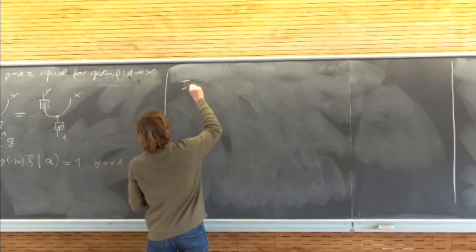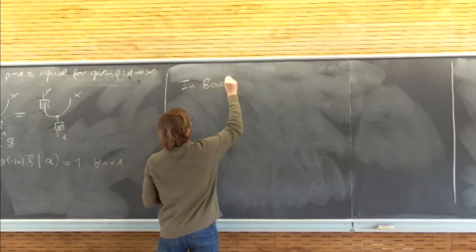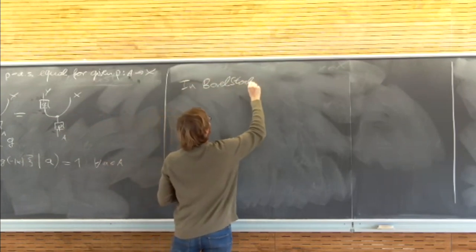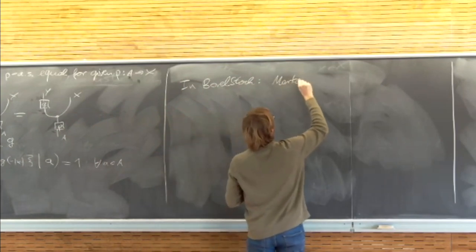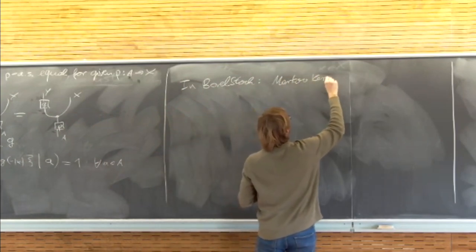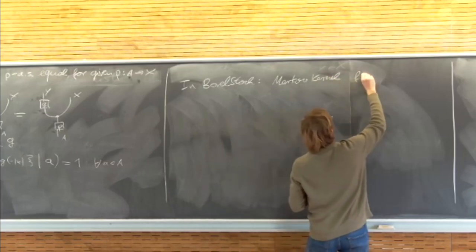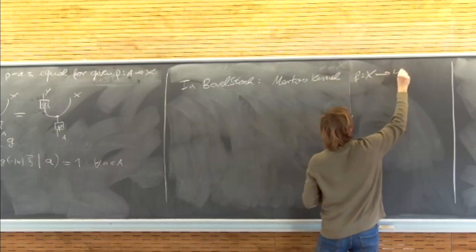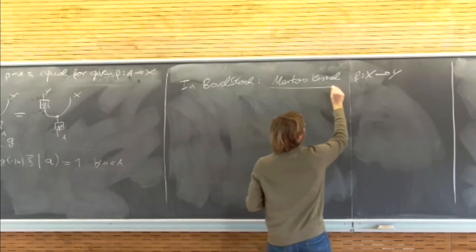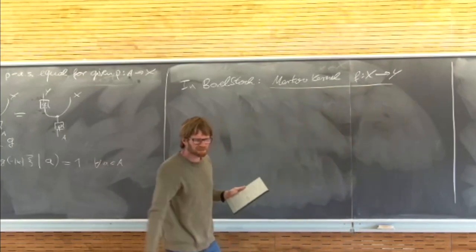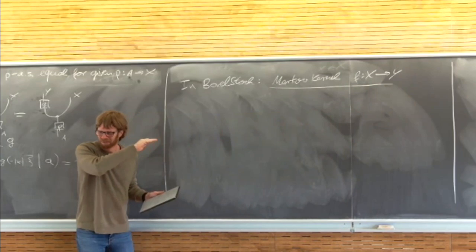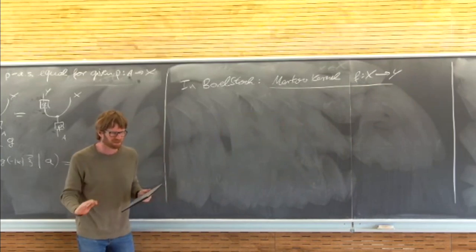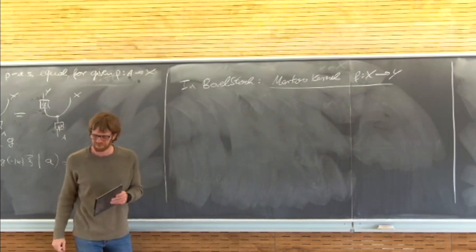So in Borel spaces, let me write this down. We have a Markov kernel X to Y. I'm going to use these horizontal lines to denote canonical bijections, natural bijections, adjunctions, things of the sort.